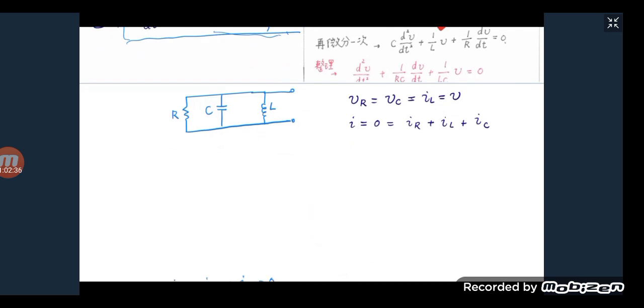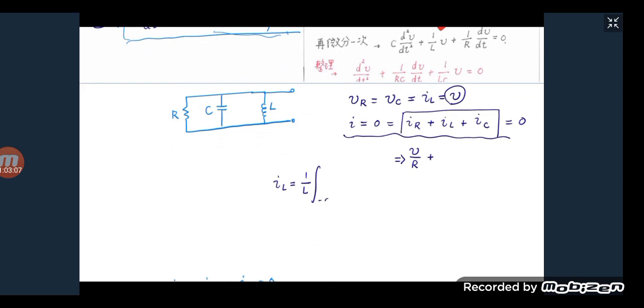Okay, so for this equation, we would like to create this equation and change the variable to the common variable V. So we say that V over R plus IL, because IL is equal to the integral of V over L dt.